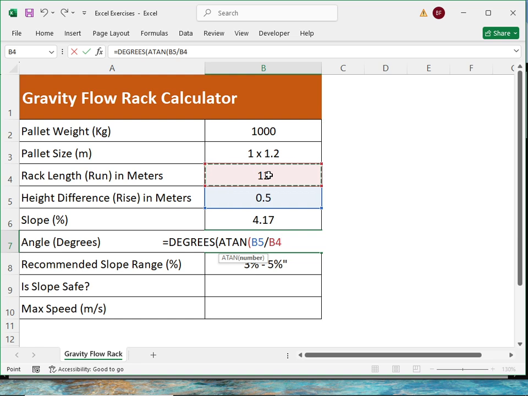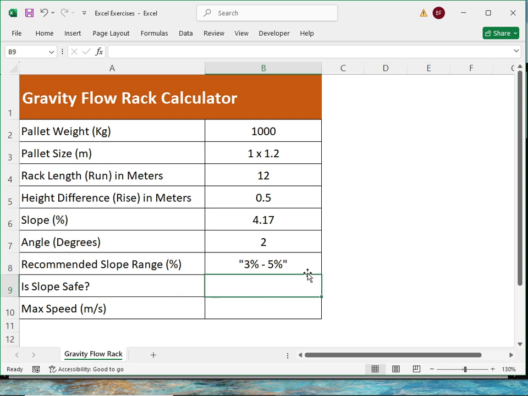Then I'm going to close it, then enter. So our angle would be 2 degrees. Our slope in percentage would be 4.17%, well within the safe limit of the 3 to 5% recommended slope range.